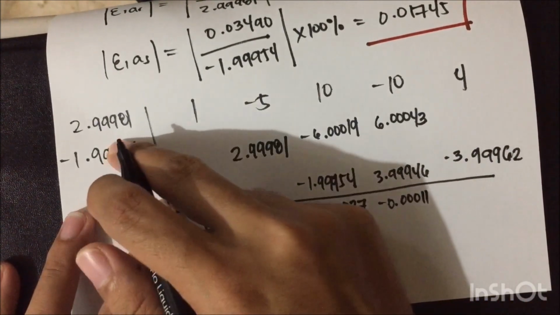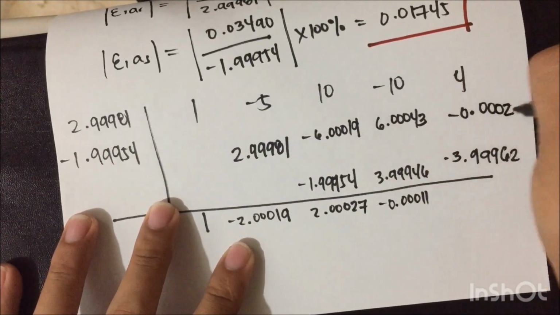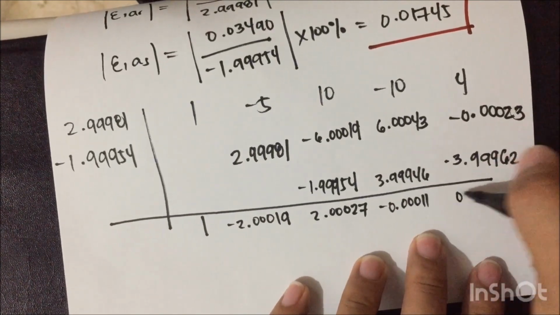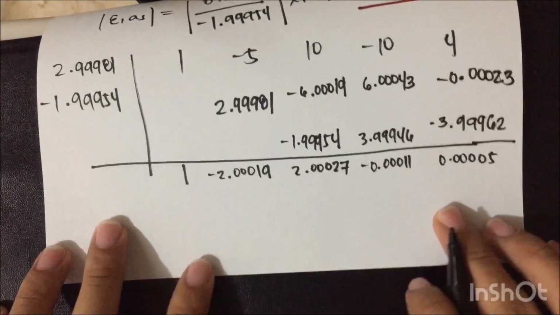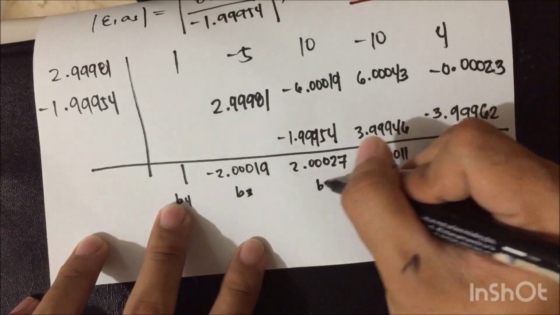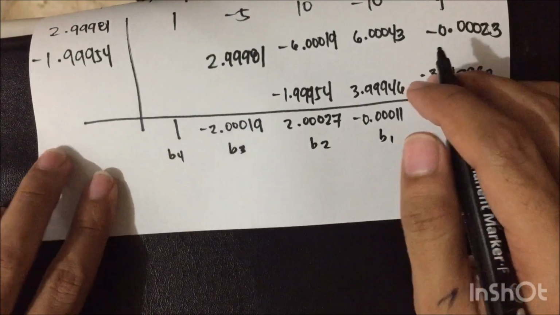Lastly, times the value of R, we have negative 0.00023. Then the value of this sum is 0.00005. So again, we label this B4, B sub 3, B sub 2, B sub 1, and B sub 0.